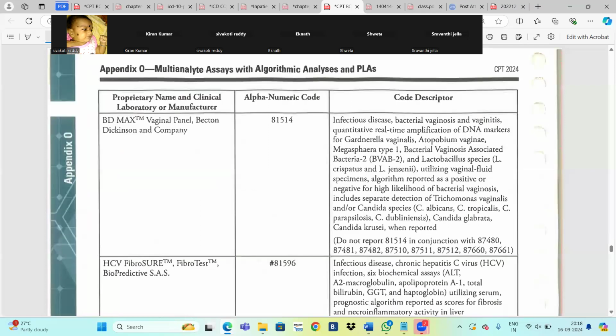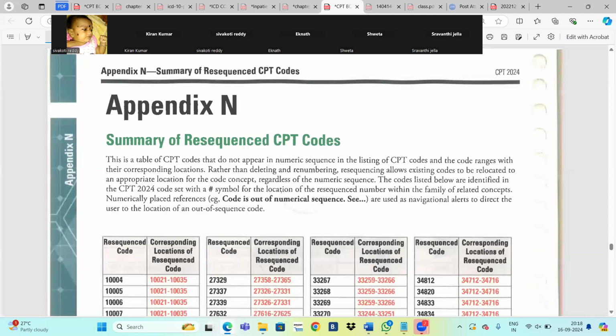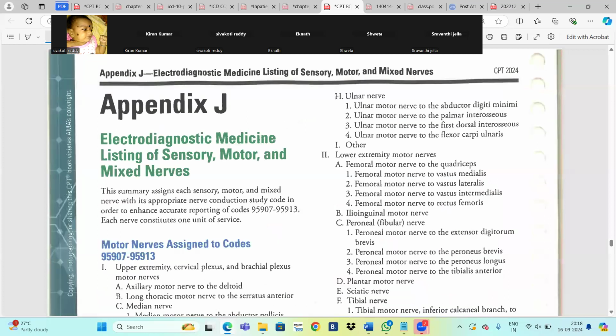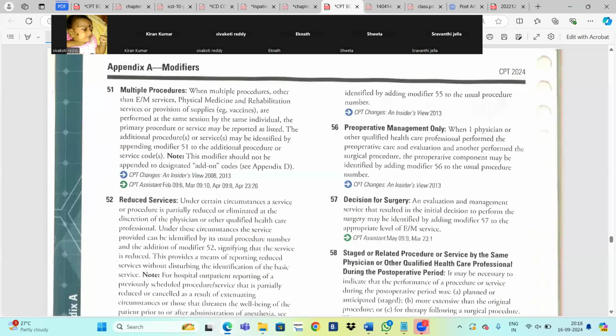It is just like an exclude note, like exclude one in shortcut. If you see that symbol, don't use the modifier.